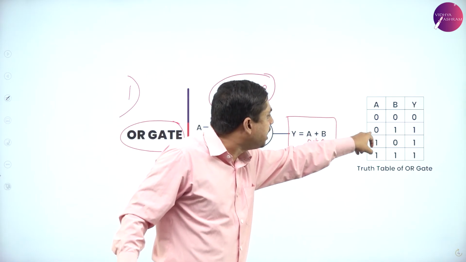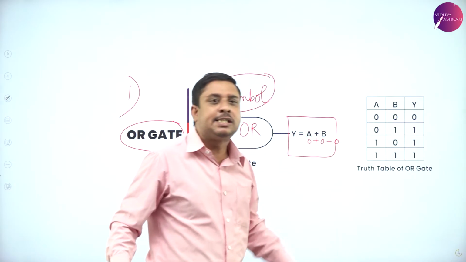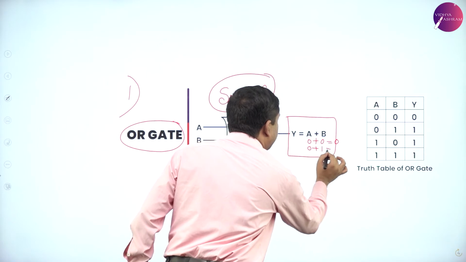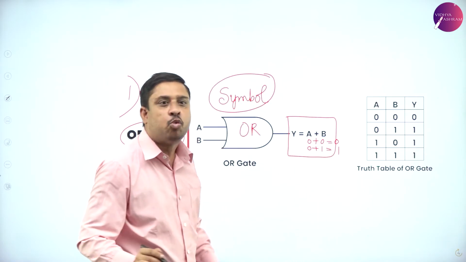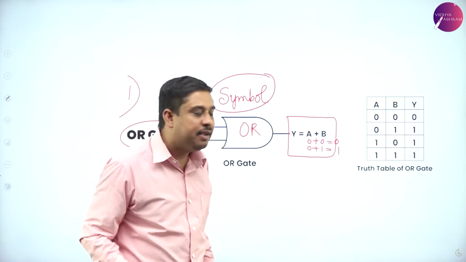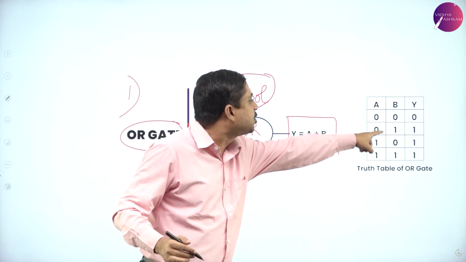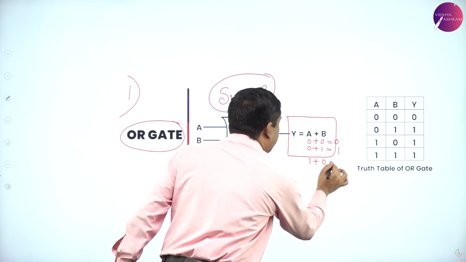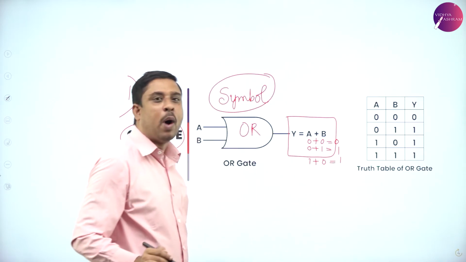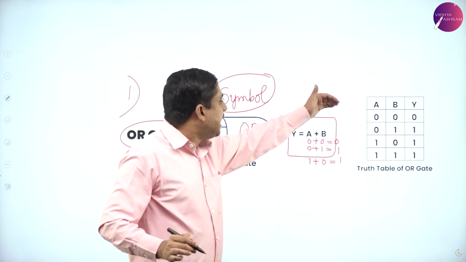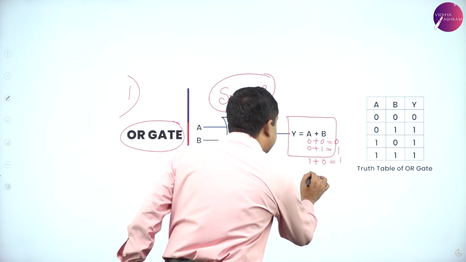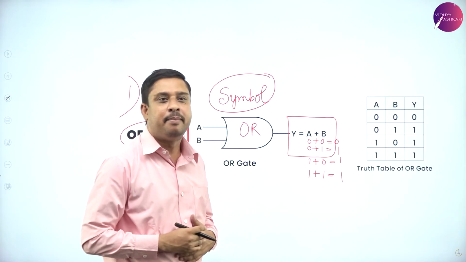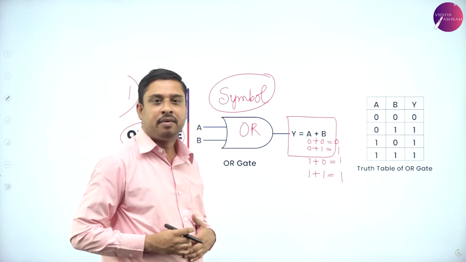Now A is 0, B is 1. 0 plus 1, the output is 1, which is high. A is 1, B is 0. 1 plus 0, which is 1. A is 1, B is 1. Now the result, in binary addition, is 1.